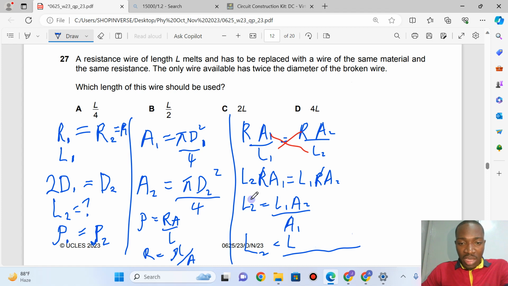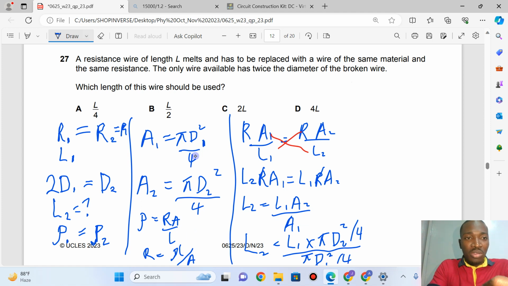How am I getting this? L2 equals L1 multiplied by A2. What is A2? A2 is pi d2 squared over 4. So I put pi d2 squared over 4 here, and I'm dividing this by A1. What is A1? A1 is pi d1 squared over 4.